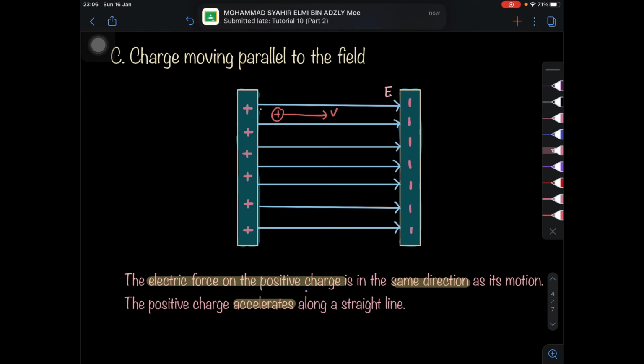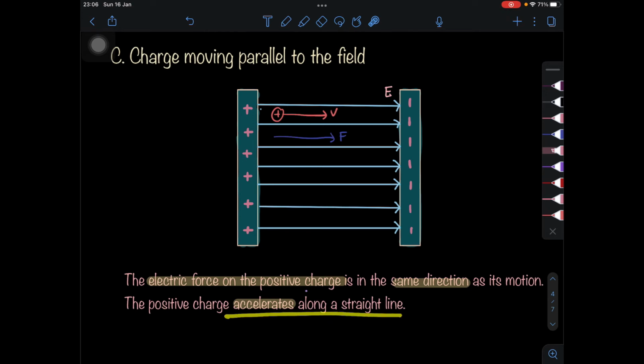We know that this positive charge will be attracted towards the negative plate. So its force will also be in the same direction as the motion. Since there is a force pushing it to move faster, we can say that this positive charge accelerates along a straight line. So this is for the positive charge case.